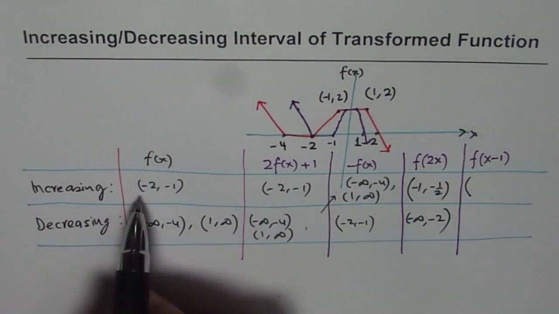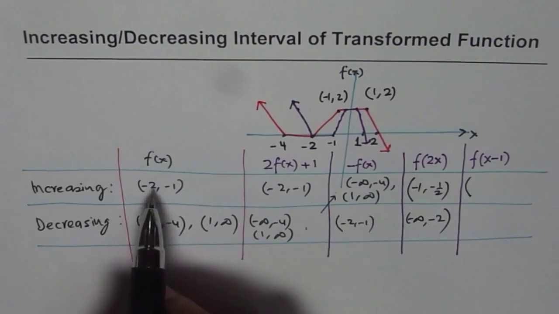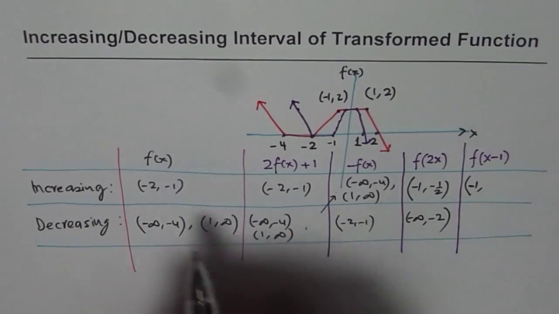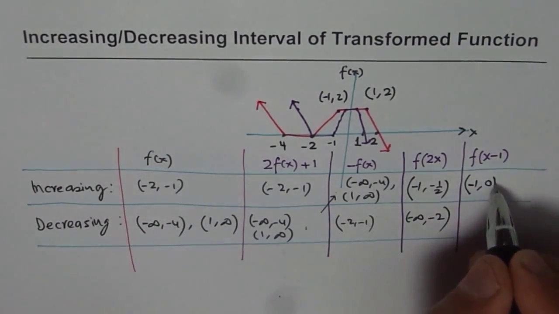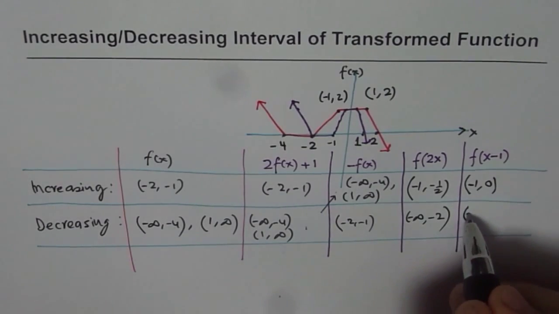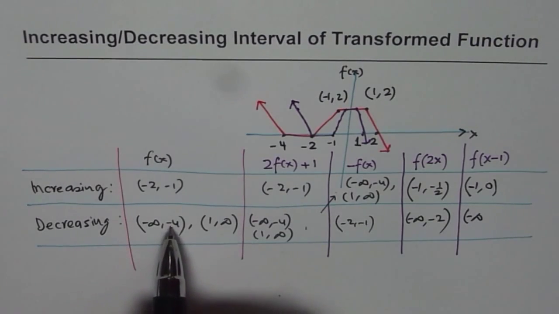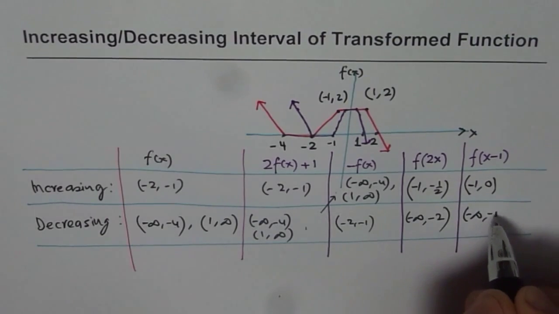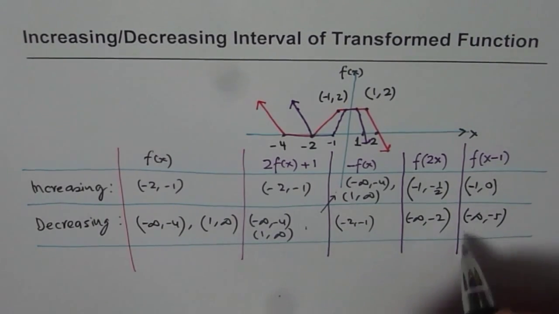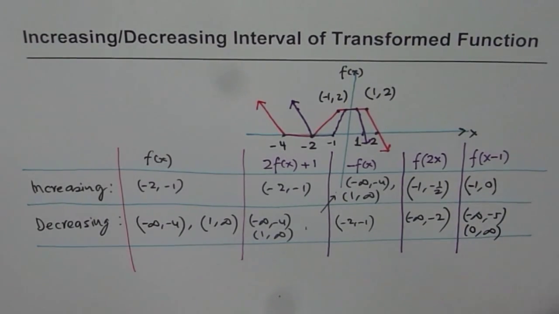So we'll get the increasing interval from minus 2 plus 1, which is minus 1, to minus 1 plus 1, which is 0. And the decreasing interval: the negative infinity doesn't get affected by adding or subtracting some values, but minus 4 plus 1 will give us minus 3, and then from 2 to infinity.